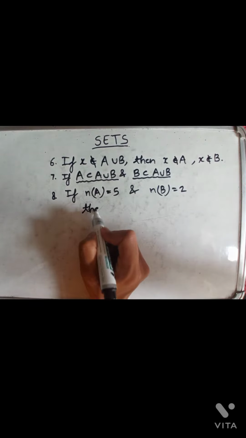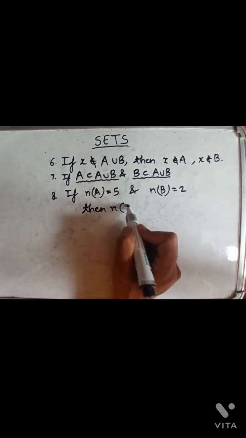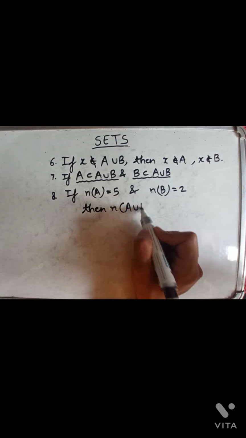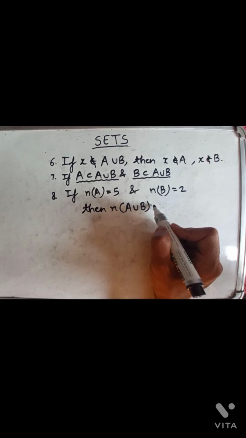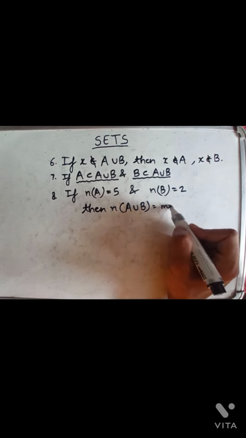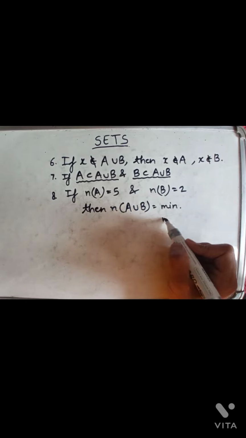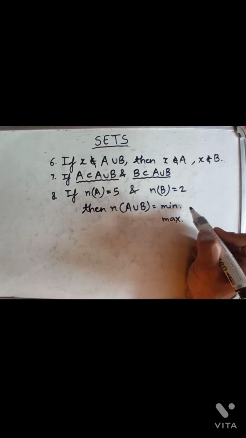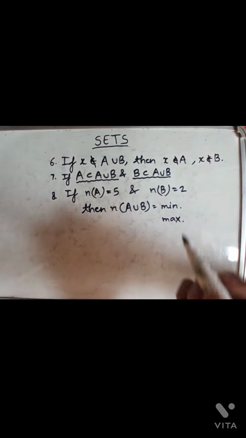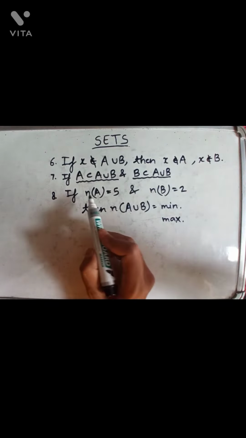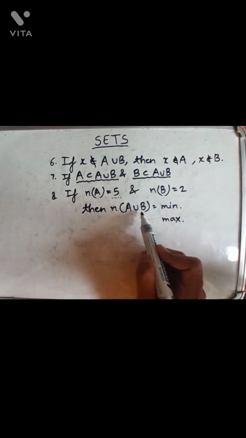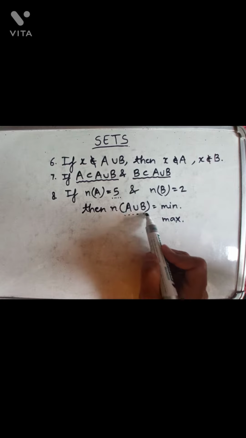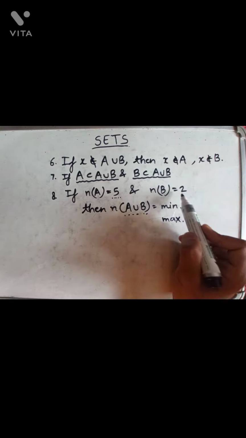Then the number of elements in A union B will be, first of all the minimum number, then the maximum number. So let's think about it. First of all, see the number of elements in A is equal to 5, and A union B means all the elements containing A as well as B.